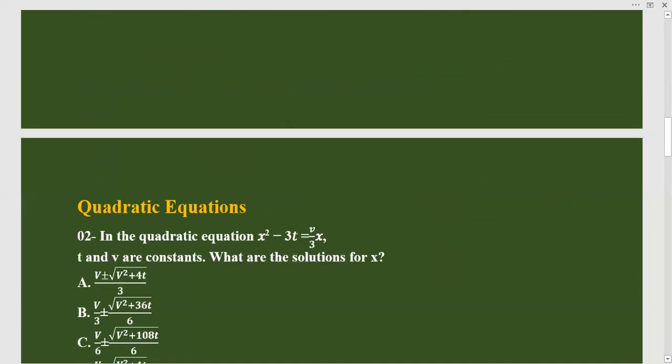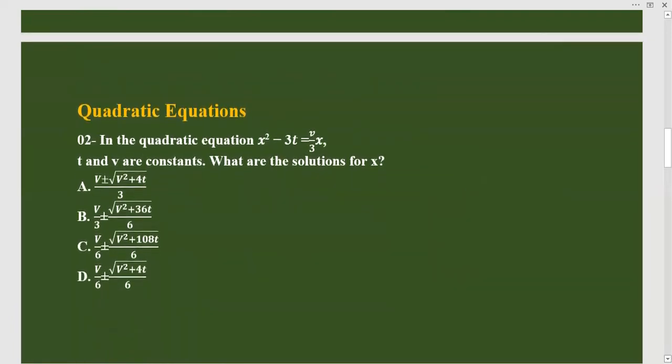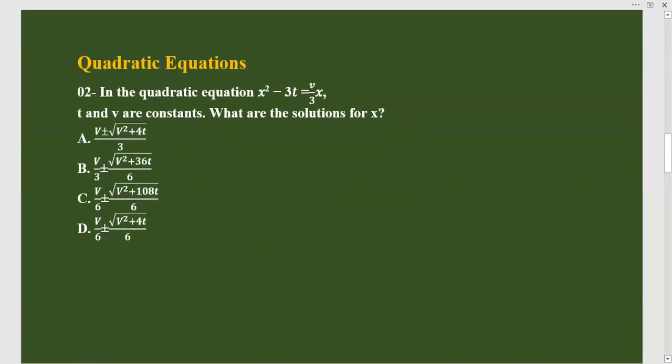Okay, and now this question is related to the quadratic equation, and this is an advanced level question that has been asked. So you have to find the value of x.